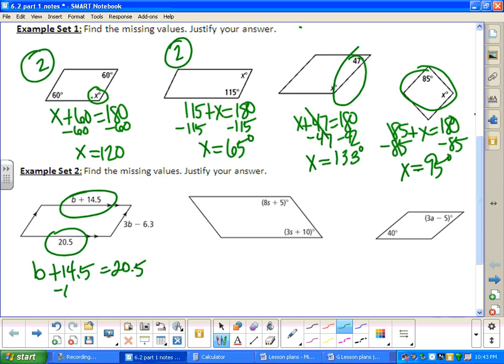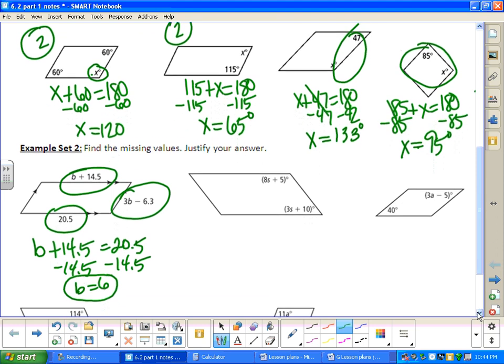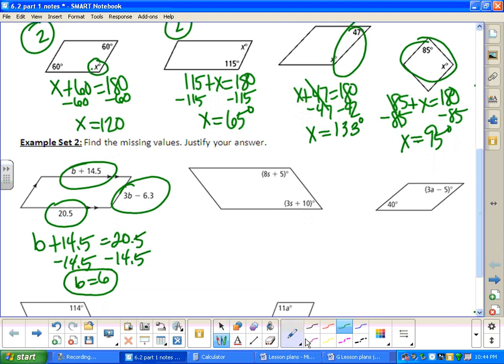Subtracting 14.5, b equals 6. If I know b equals 6, then I can solve this one by plugging it in.